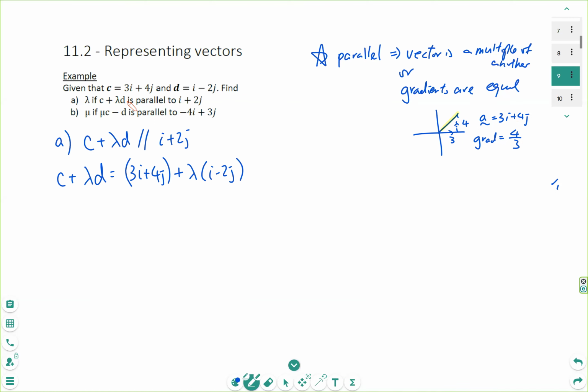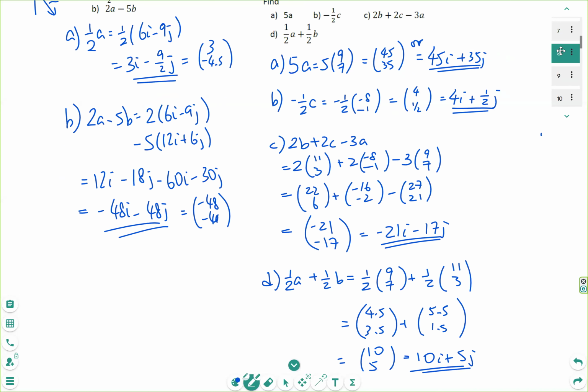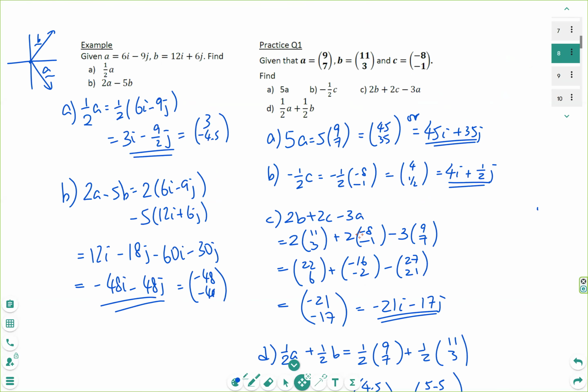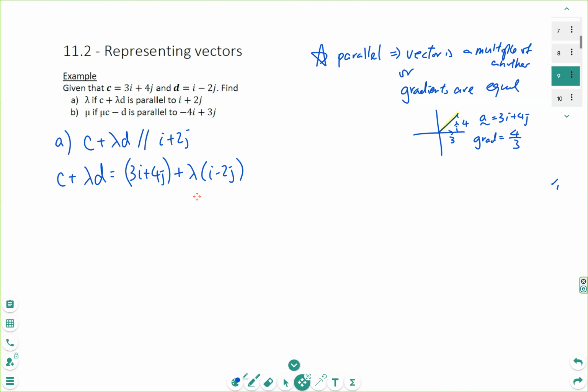The benefit of column vectors is that you can write quite neatly, as in the previous practice question one calculation. It's a lot easier because you can just work out the sum of the top row and then the sum of the bottom row. Whereas with i and j, if you write your i like a j or your j like an i, you might mix it up.